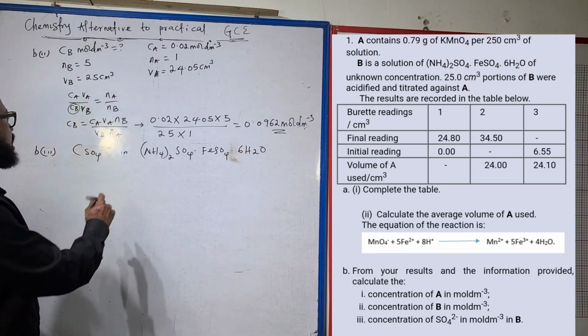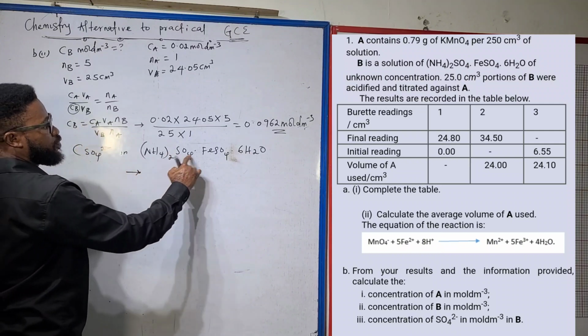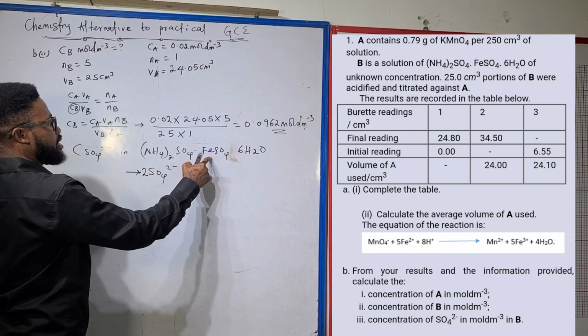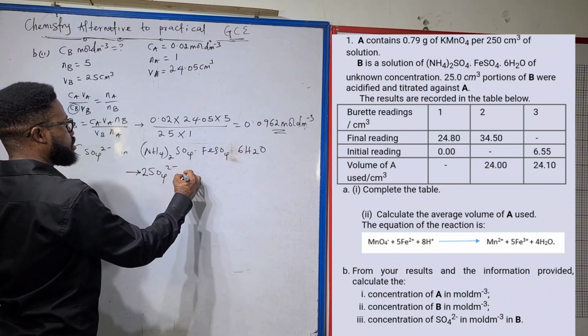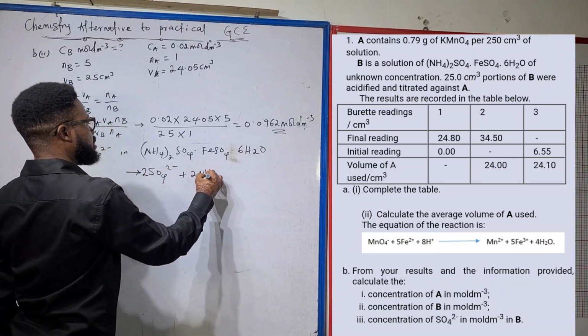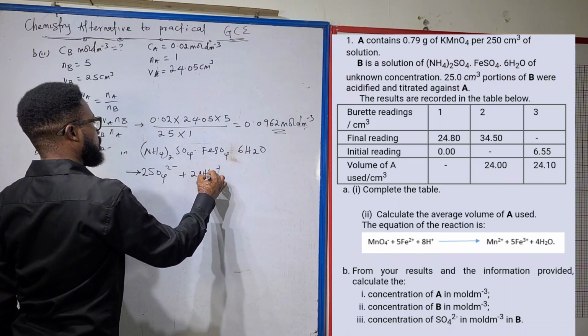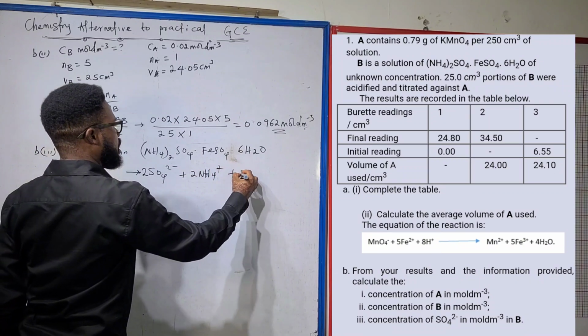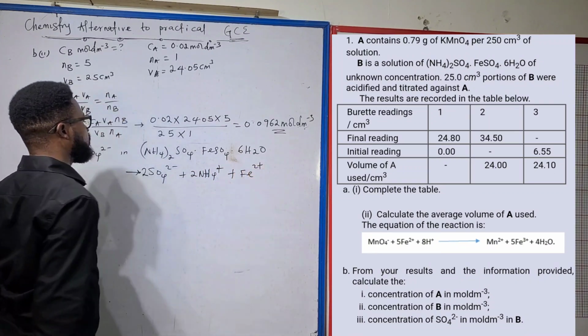If I try to break this down, SO4 here, SO4 here, that's SO4 2 minus twice. Of course, this is going to mean 2NH4 plus, and then Fe2 plus.